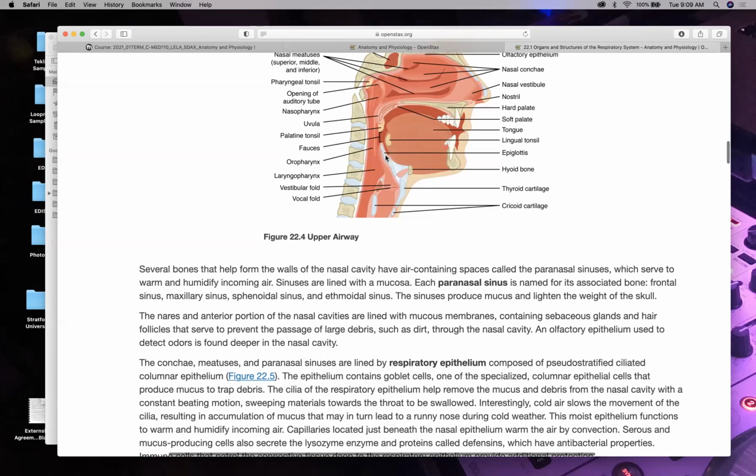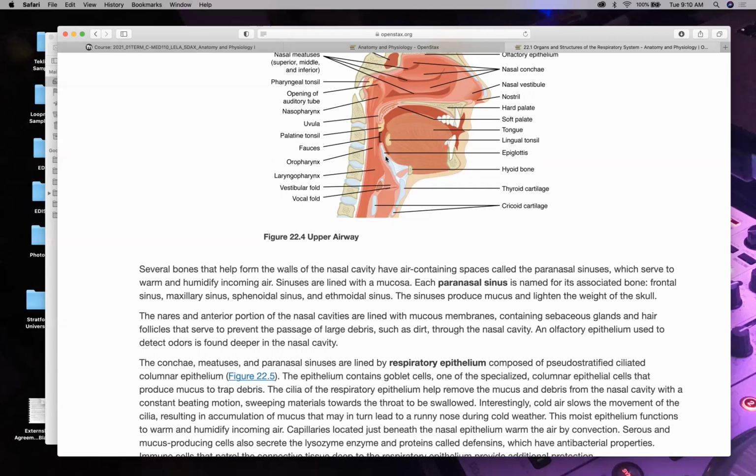You'll also notice here, there's this flap of skin that's called your epiglottis. Now, here in the anterior portion, you have cartilage here, and that's your trachea or your windpipe. The muscular tubing in the posterior section of your throat here, that is your esophagus or your food pipe.